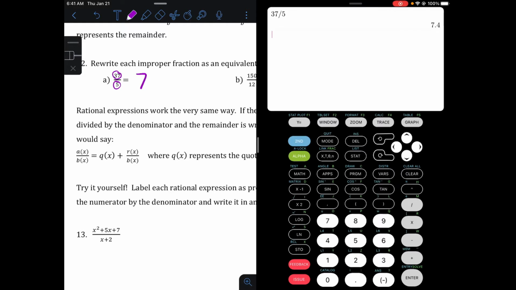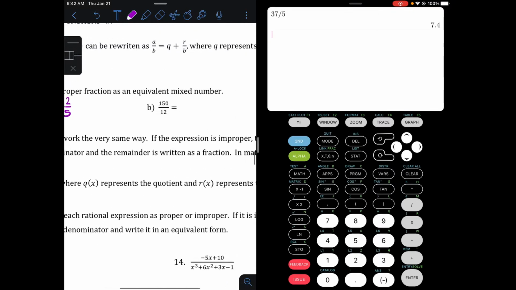If we think about it, 5 times 7 is 35, so our remainder is 2. To get from 35 to 37 is 2. So we're going to have 7 and 2/5. So we do the division, we take our whole number, and then we figure out our remainder and put that over our number on the bottom there.